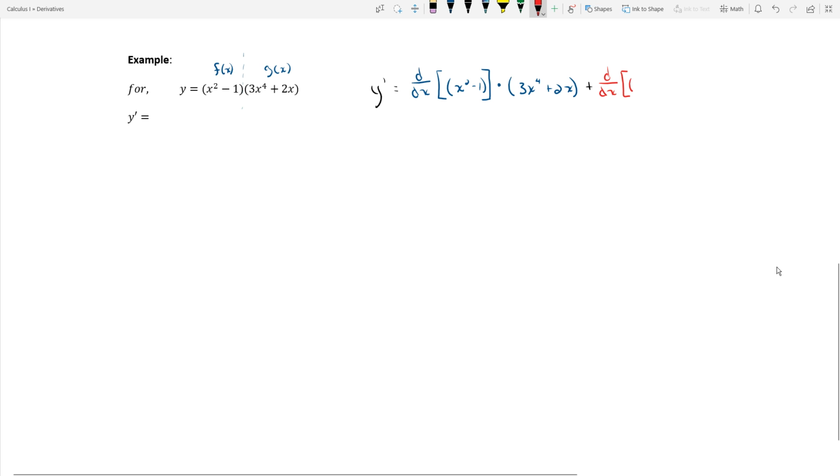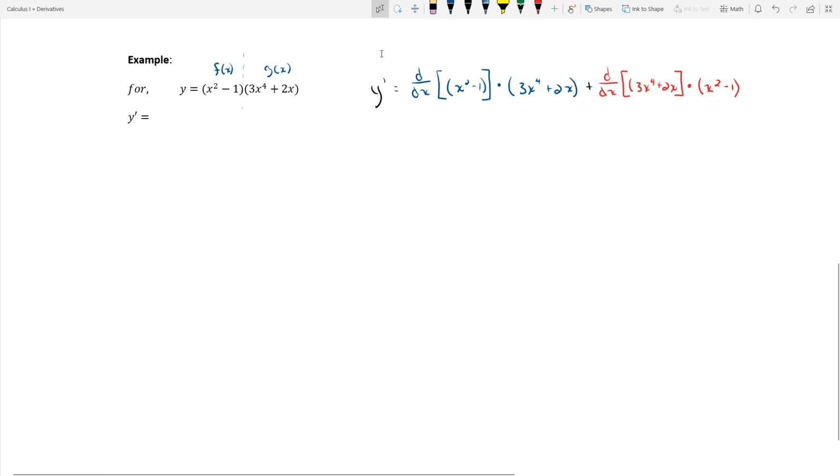So we just rewrite 3x to the fourth plus 2x, multiplied by the first function, which is x squared minus 1.